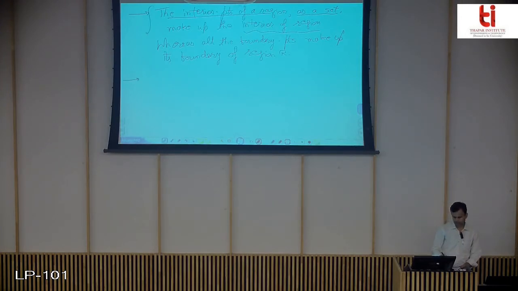So these are the interior of a region, which constitutes all the interior points, and what interior points are we have discussed earlier, and the boundary points constitute the boundary of a region R.